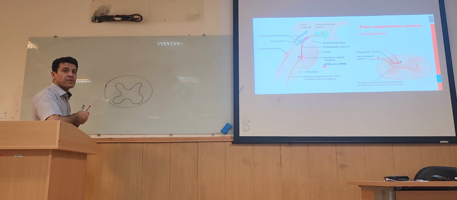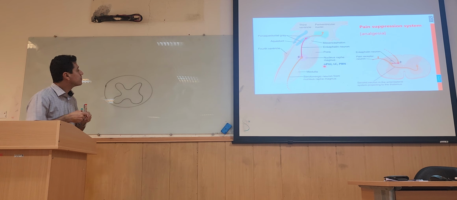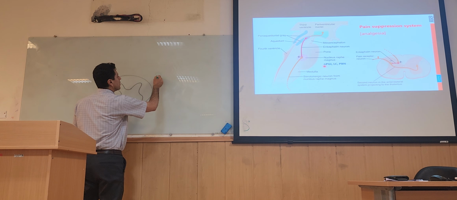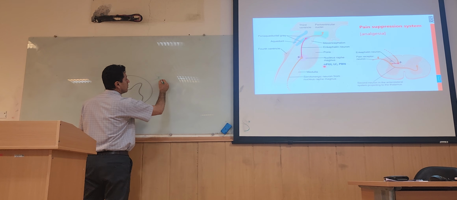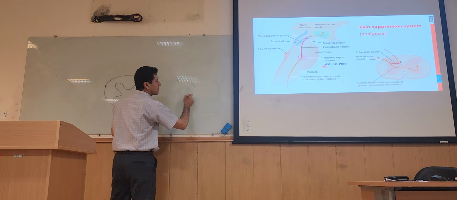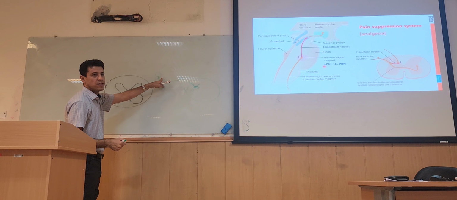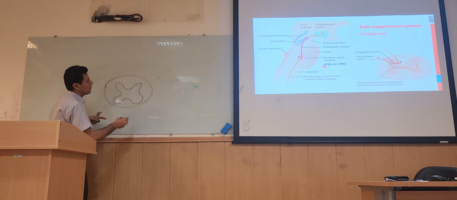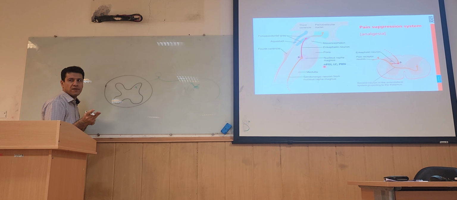So we have C fibers. The soma is in the DRG, the dorsal root ganglion. The peripheral part is in the skin; these are free nerve endings. The central one comes to the spinal cord, in different layers.